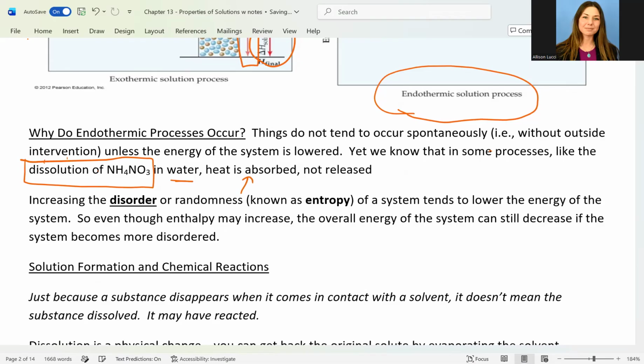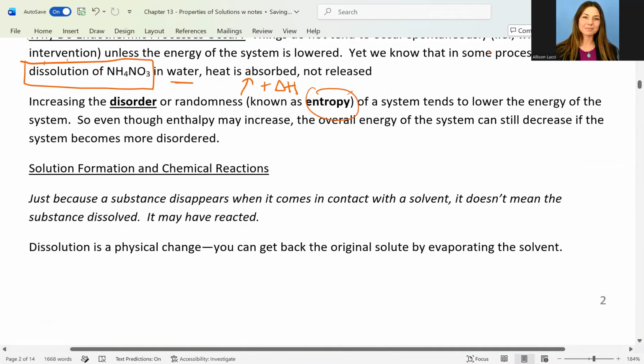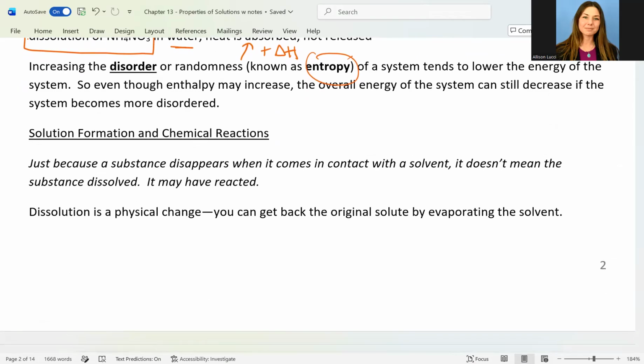So we add heat, so it's a positive delta H, an endothermic process. But we still see this dissolve happen. And again, that's because the increase in entropy will still favor this process because solution formation is much more disordered.